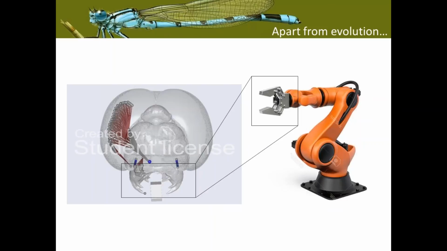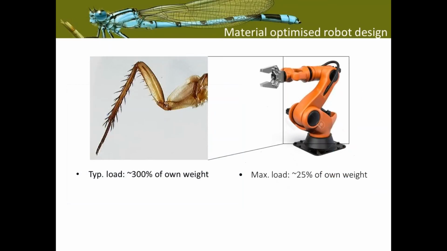Which brings me to the next topic. Apart from evolution, we want to use the data to optimize technical structures, taking the structures we see in insects as a starting point to optimize, for example, material usage in technical structures like robots, or to increase the loading capacities in technical structures.